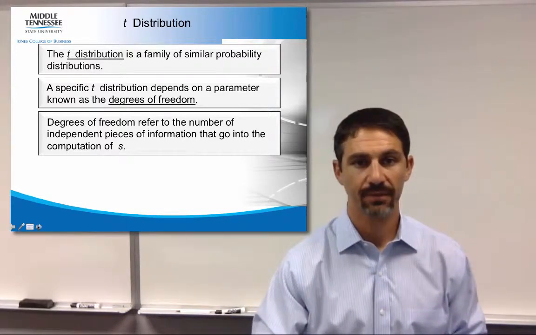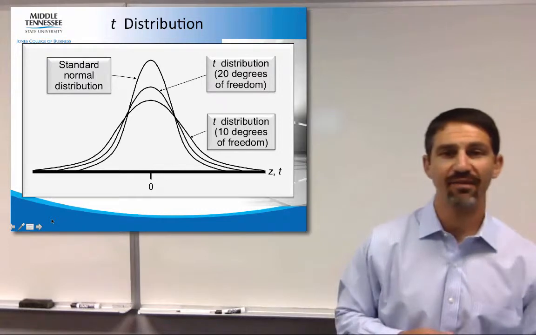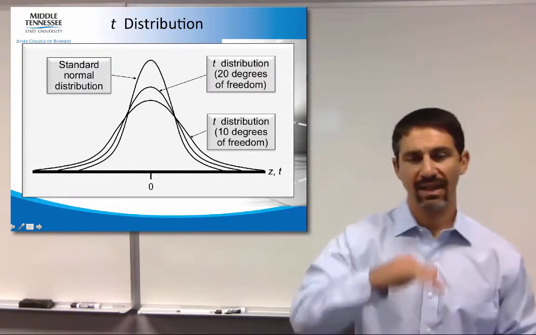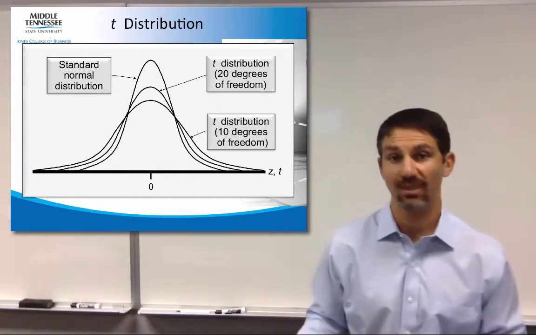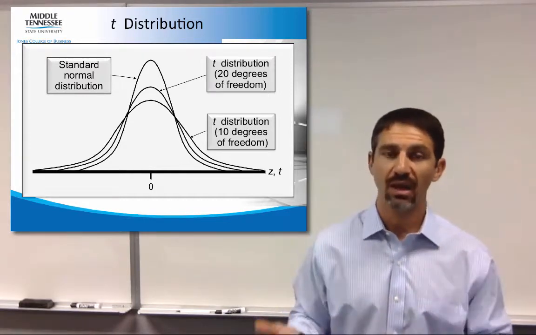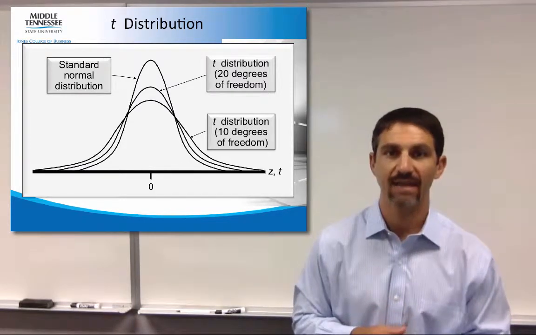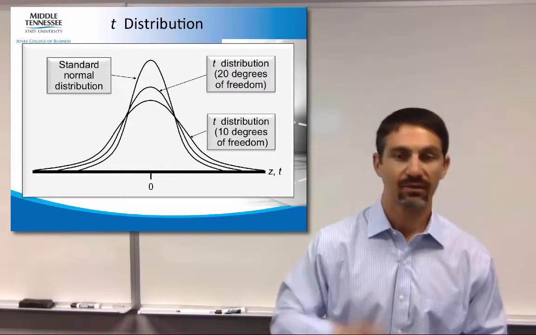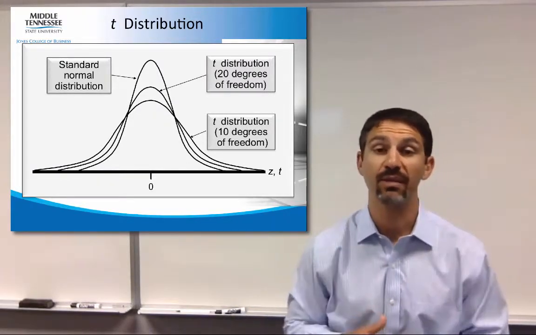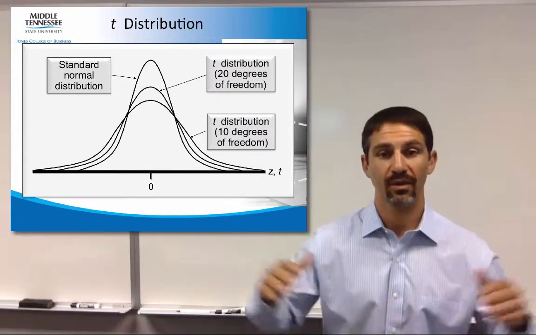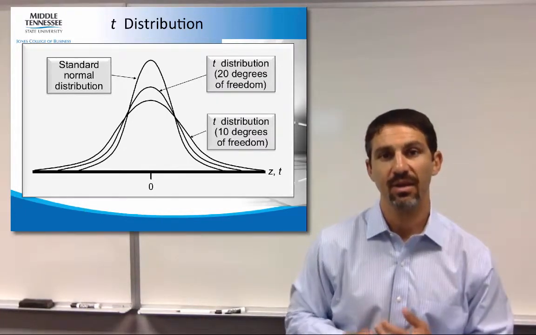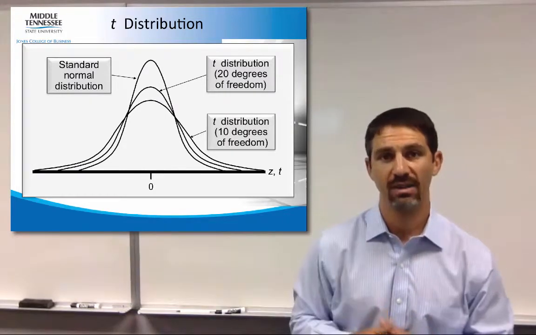So if you look here, you can see the one that's kind of the higher peak is your standard normal distribution. That's what you use with z-scores. Well, when you have a smaller sample size, for example, of 21, degrees of freedom would be 20, you would have more of a smooth or wider distribution because your data probably varies a little bit more.